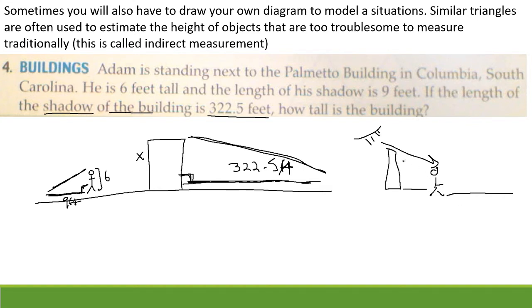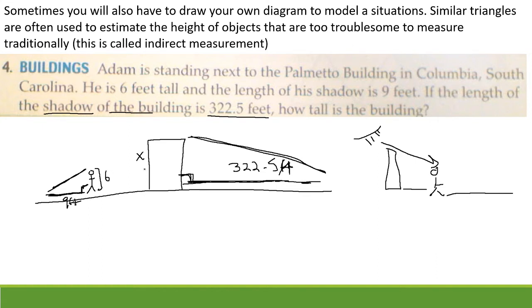So the length will be different, but the angle of the shadow and the angle of the ray is going to be the same. So therefore you have congruent angles and therefore you have similar triangles, which is a brief description about why this works. But in terms of the overall concept, just remember that anything dealing with shadows usually deals with similarity, whether it's from the sun or a flashlight or whatever. Shadows usually are similar objects.